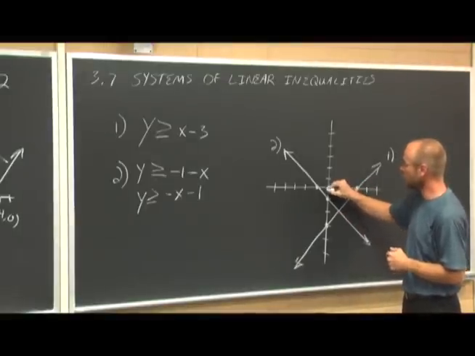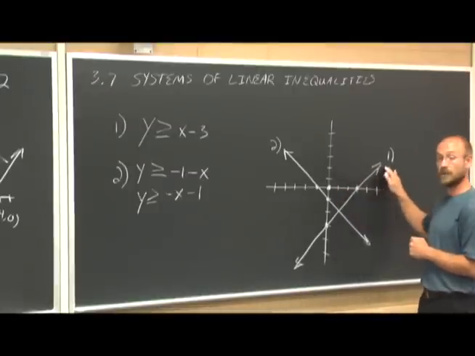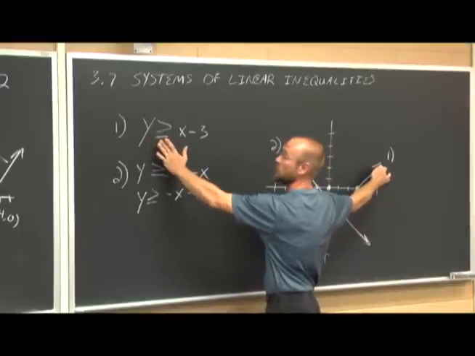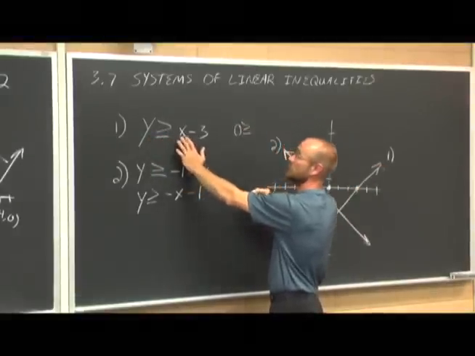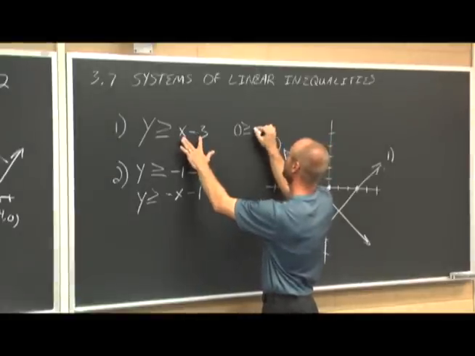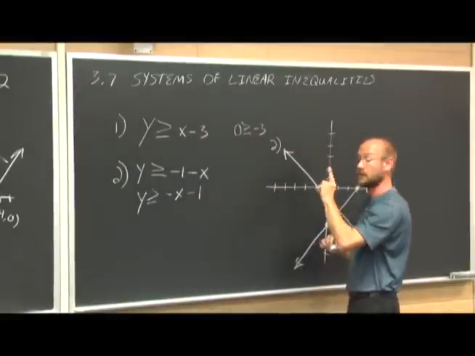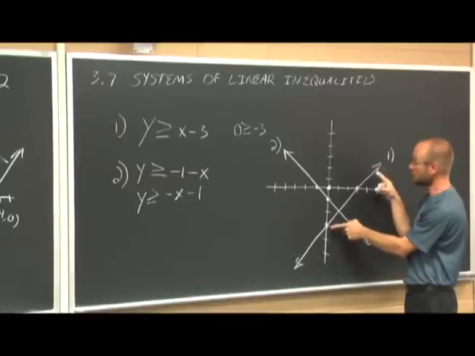Well, my go-to value of (0, 0) is available, so I'm going to use that. And I'm going to test it in equation 1 first. 0 is greater than or equal to 0 minus 3. 0 minus 3 is -3. Is 0 greater than or equal to -3? It is. So that's a true statement for this line. And I make sure it's this line.